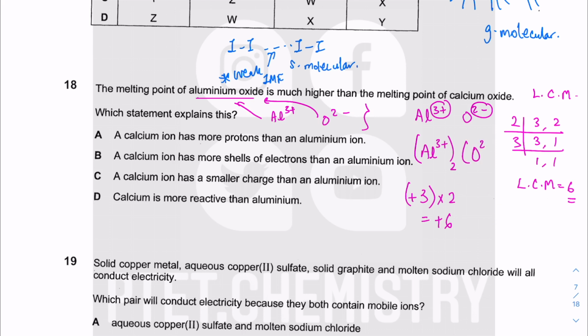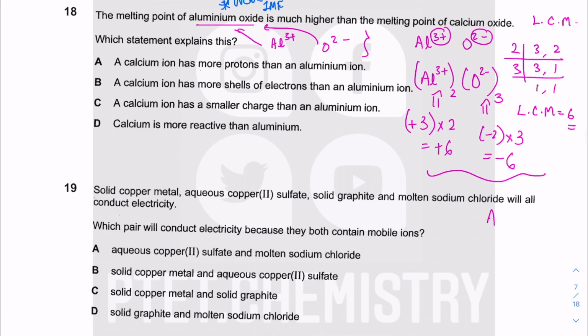Then you have O2-. You gain 2 electrons. You want altogether to gain 6 electrons. So you have minus 2 times 3 equal to minus 6. So you need 3 of the O2-. Then the total plus 6 cancels out the minus 6. Then you will get the formula Al2O3. This is the formula for aluminium oxide.